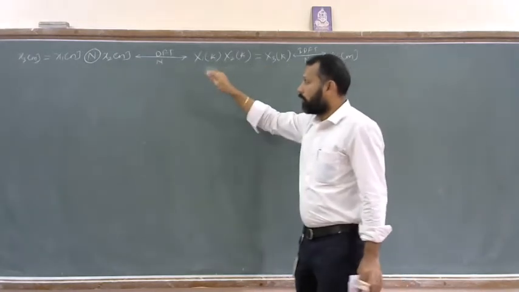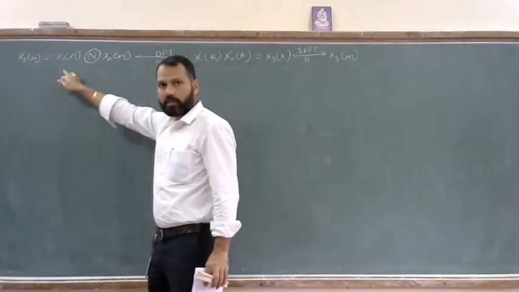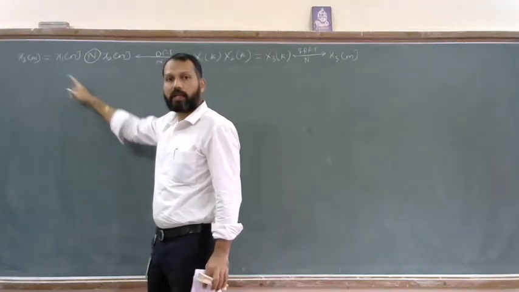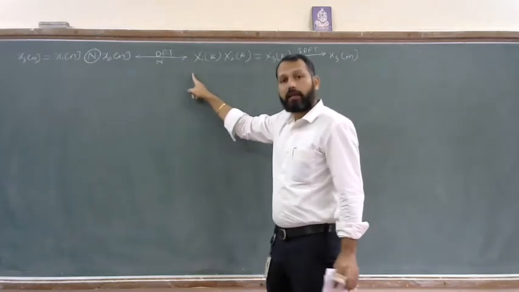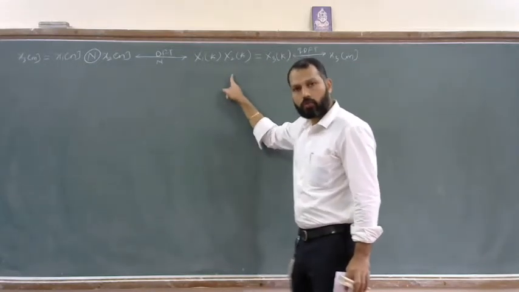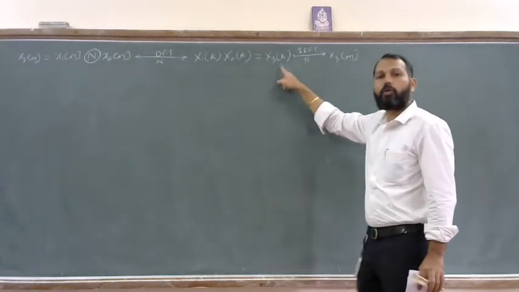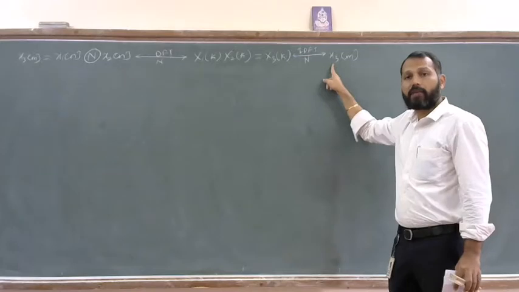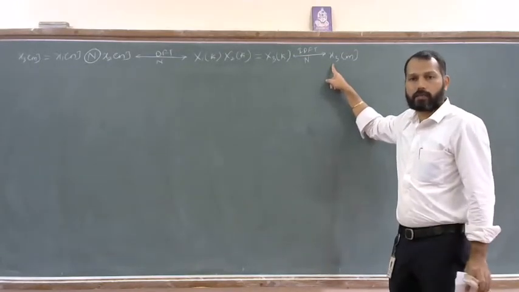In the problem that we will be doing, we will have two sequences. We will consider the same sequences that we considered yesterday for the first problem. We have to find their n-point DFT, multiply those two to get a product DFT, and on this product DFT apply the n-point IDFT, which will give us the equivalent circular convolution sequence.